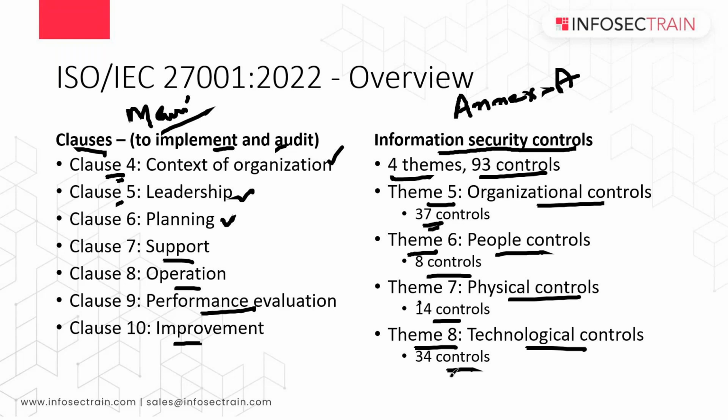The controls where the processes make use of technology, like access controls, network monitoring, etc., those controls are technological controls. And any other control is an organizational control, starting with policies and procedures.